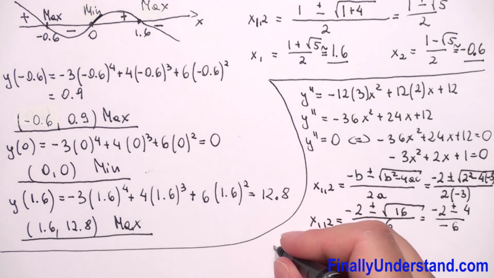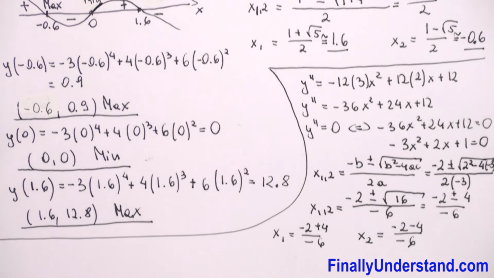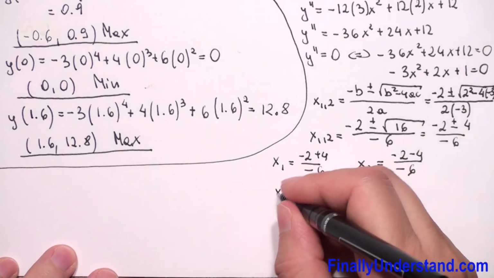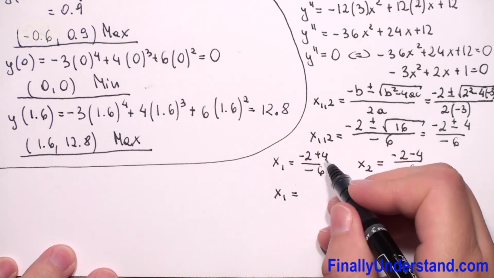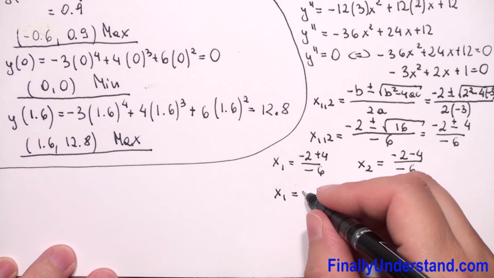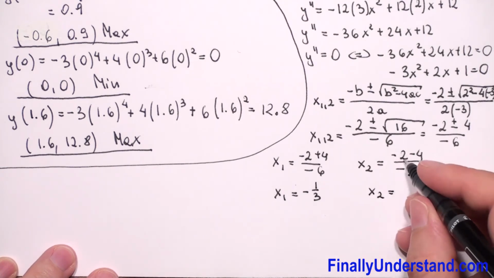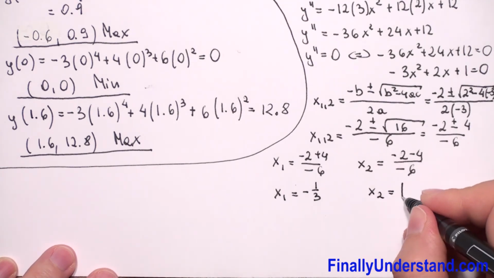So we have two roots. x1 is equal to negative 2 plus 4 over negative 6, and x2 is equal to negative 2 minus 4 over negative 6. So x1 is equal to negative 2 plus 4 is 2 over negative 6, which is negative 1/3, and x2 is equal to negative 6 over negative 6, which is 1.